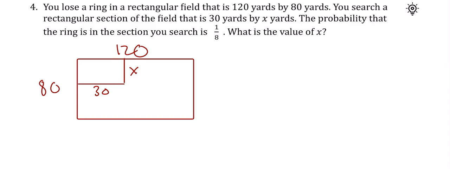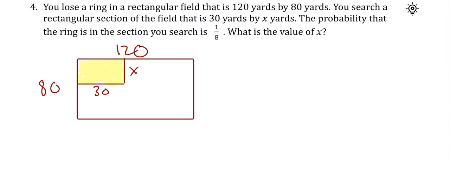So if the probability that the ring is in the section we search is 1 out of 8, that means that our 30 by x section has to be 1/8 as big as our entire 120 by 80 field. The ratio of those two has to be 1 to 8.